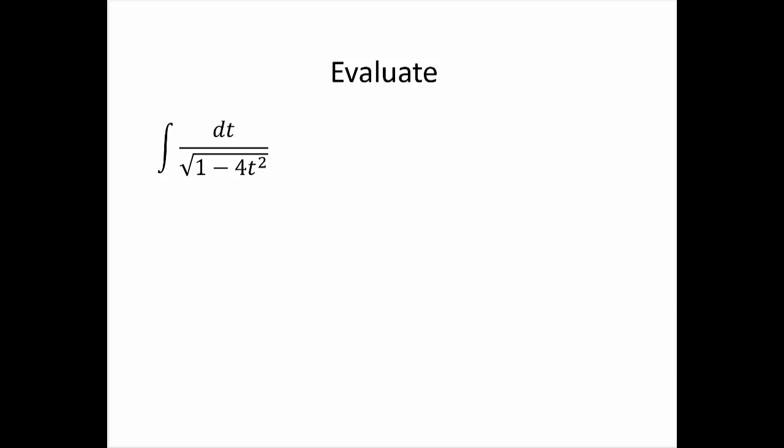We're asked to evaluate the integral of dt over the square root of 1 minus 4t squared. Well, gosh, this sort of reminds me, here's what I know. If it was 1 over the square root of 1 minus u squared du, then that would become a sine inverse of u.